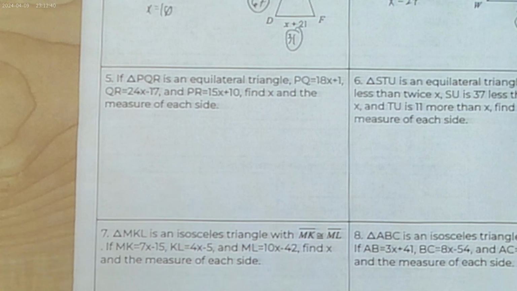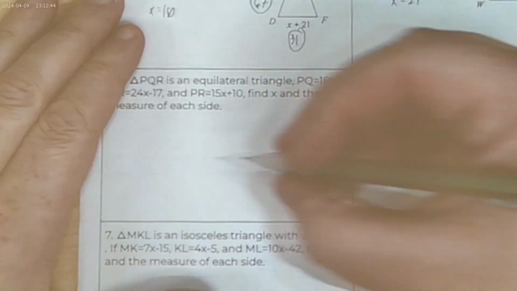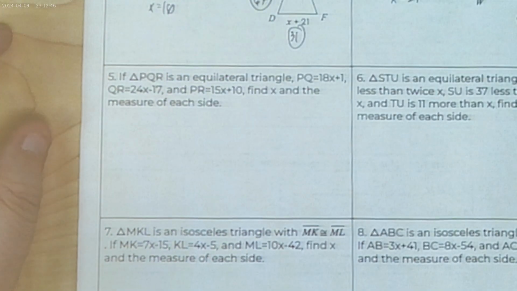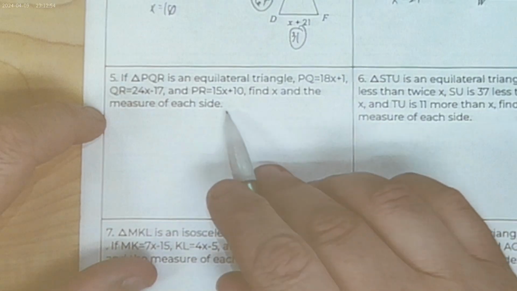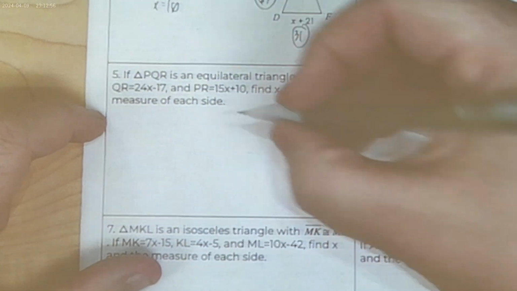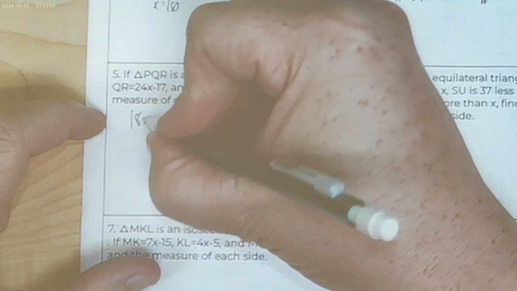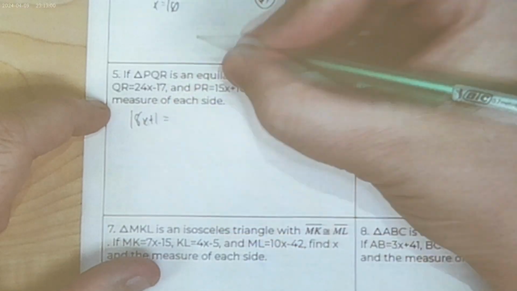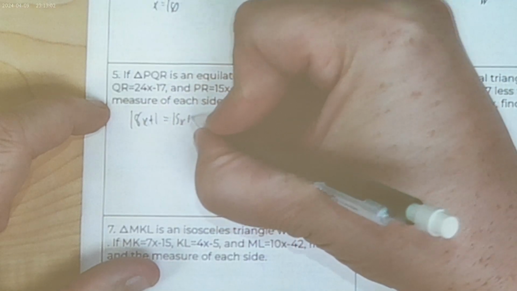If PQR is an equilateral triangle, oh well, I guess I can do it this way. If it's an equilateral triangle, one side is 18x plus 1, the other side is 24x minus 7, and the last side is 15x plus 10. So 18x plus 1 equals 15x plus 10.